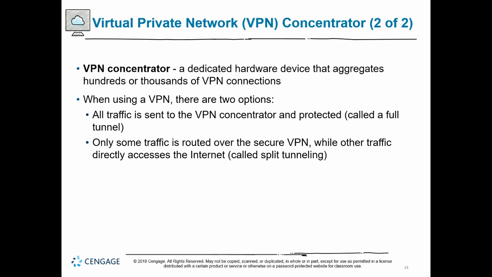When using a VPN, there are two options. If all traffic is sent to a VPN concentrator and protected, it's called a full tunnel. If only some traffic is routed over the secure VPN, while other traffic directly accesses the internet, it's called split tunneling.